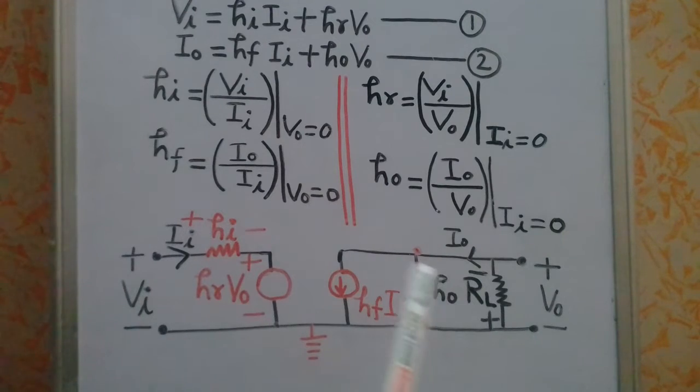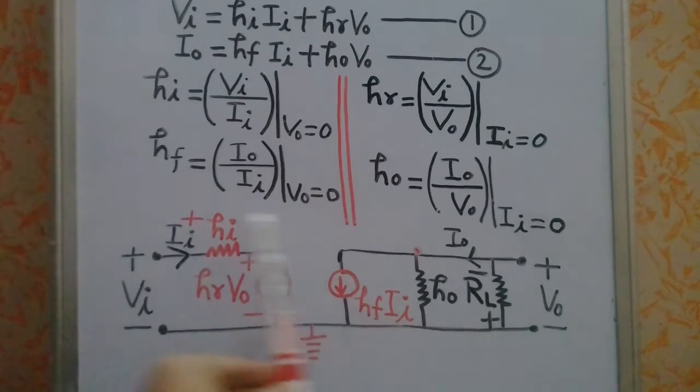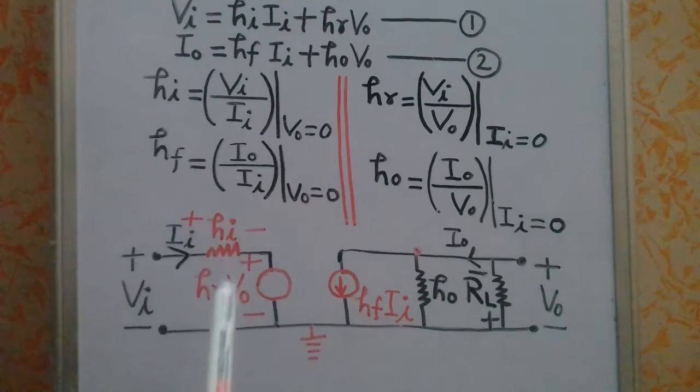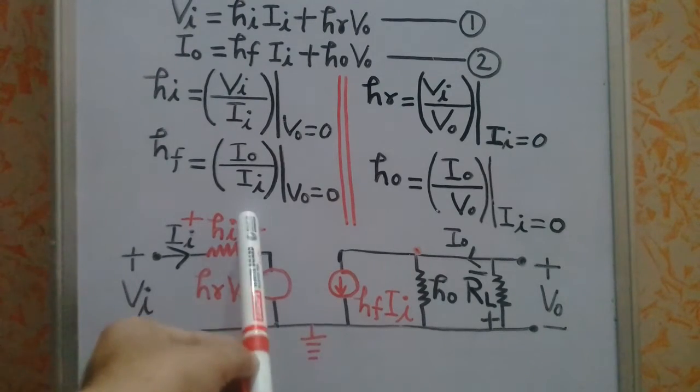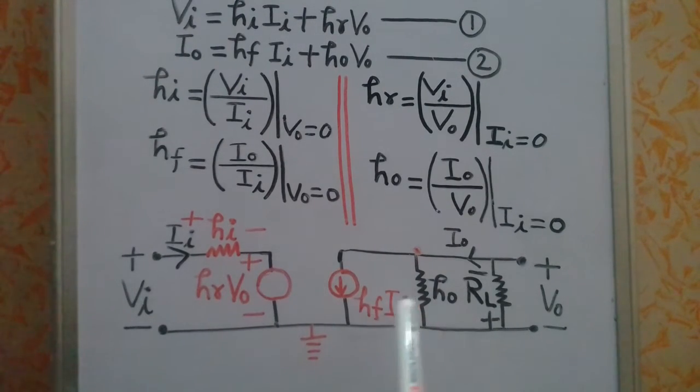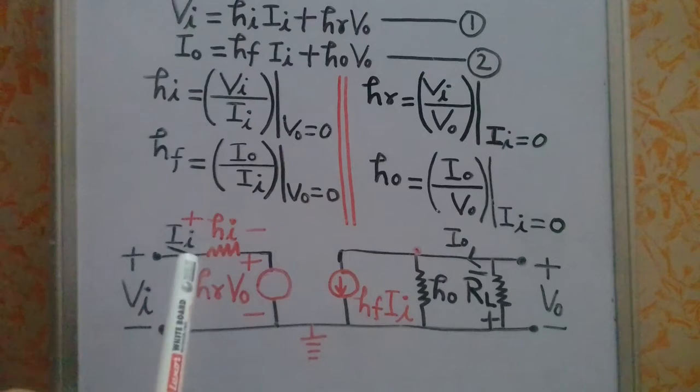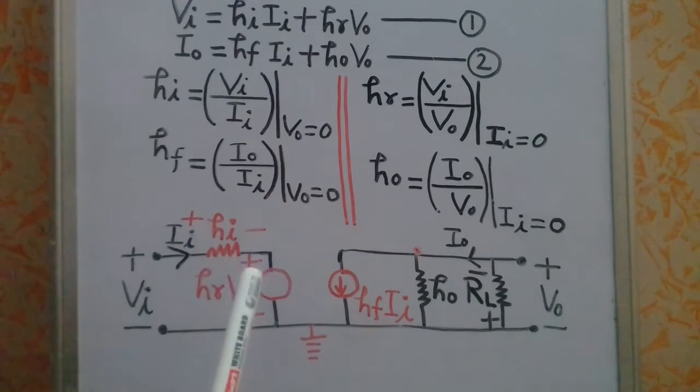Similarly you can draw the common base configuration, and similarly the common collector configuration. The model would remain the same, only the subscript notations will change. For common emitter you put subscript E: HIE, HRE, HFE, HOE. For common base you put the subscript B: HIB, HRB, HFB, HOB.